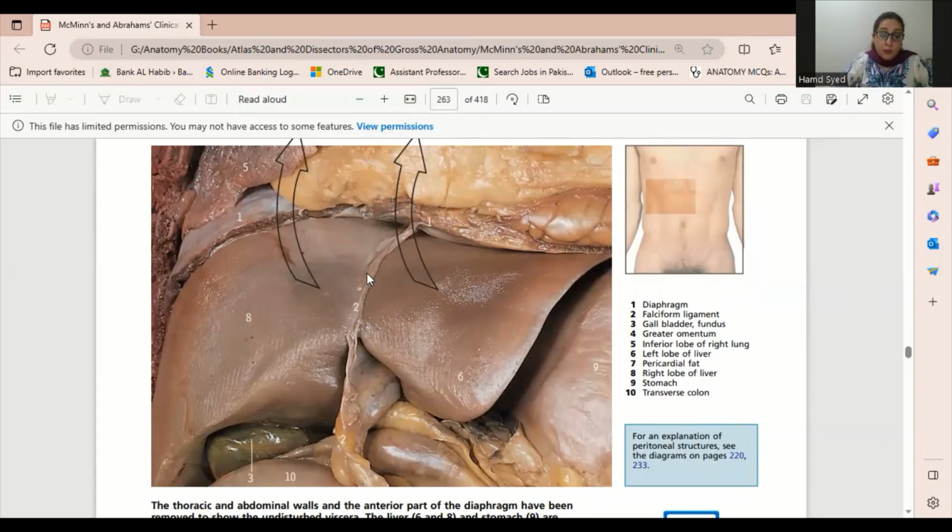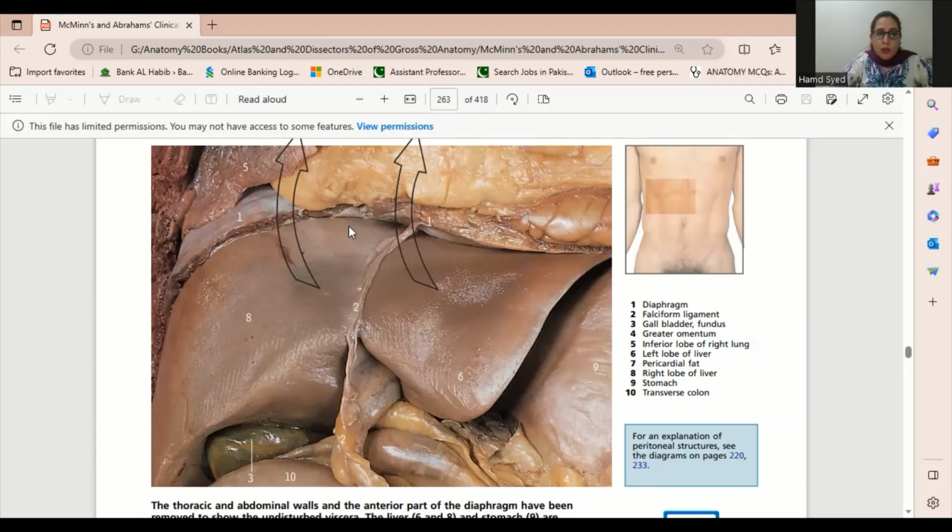And between these lobes, you can see a ligament is attached on the anterior surface of the liver. This is known as the falciform ligament. The lower edge of this ligament over here is now known as the ligamentum teres hepatis. This falciform ligament attaches the liver to the anterior abdominal wall.